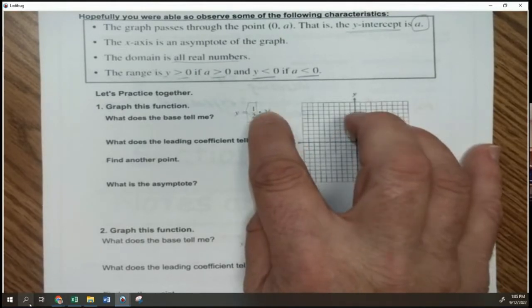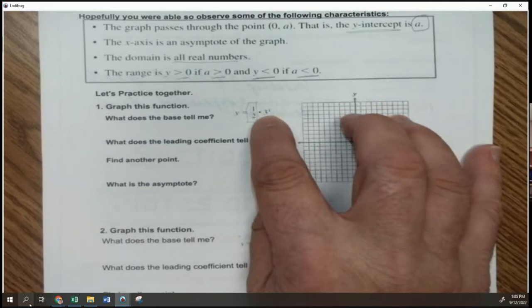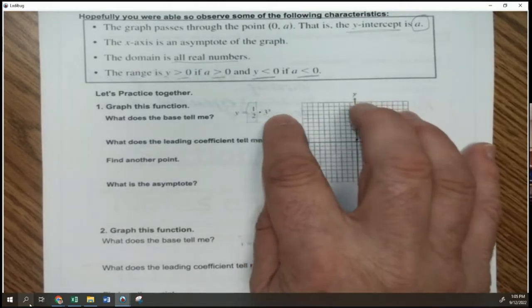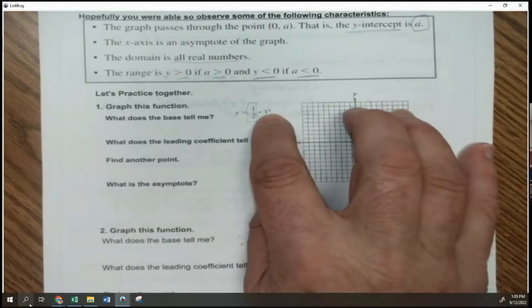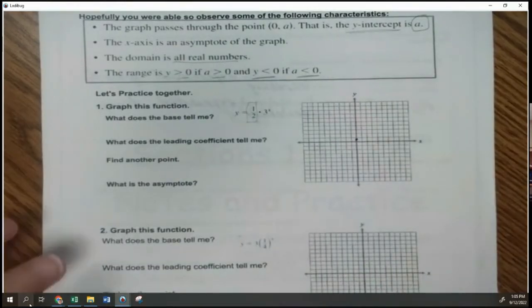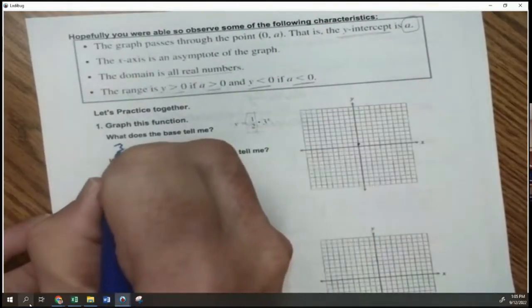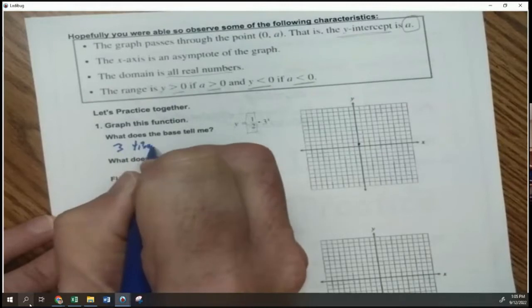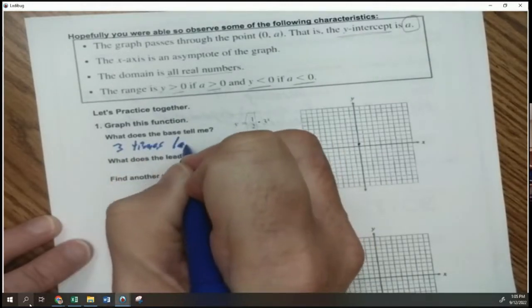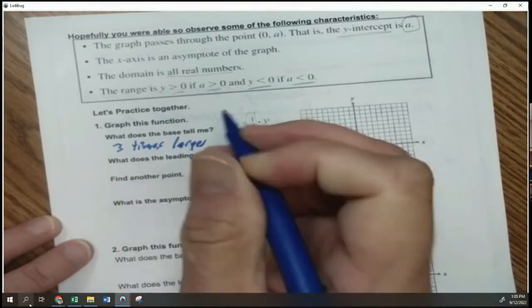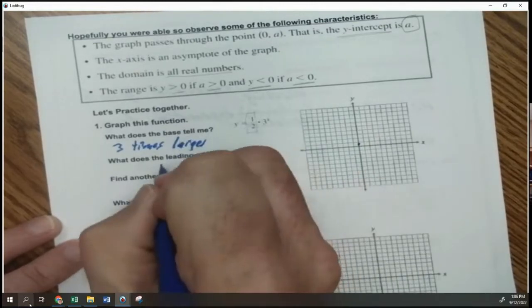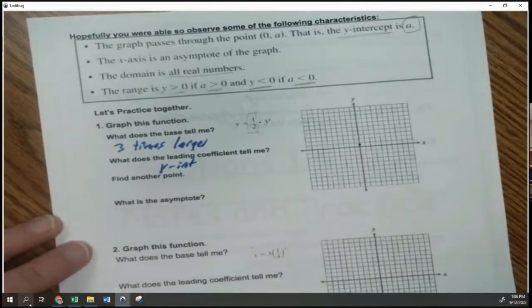When x is 3, it's 3 times 3 times 3. When it's 3 to the 4th, it'll be 3 times 3 times 3 times 3. So every time it's getting 3 times larger. The leading coefficient is the y-intercept. Okay, so we got that point.